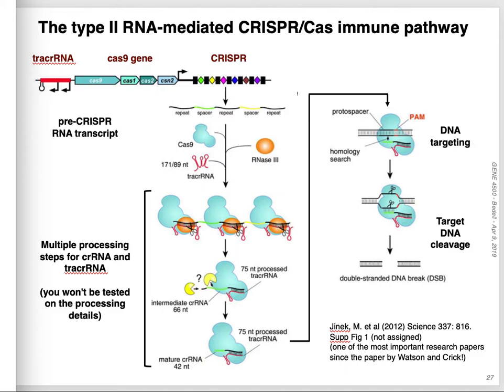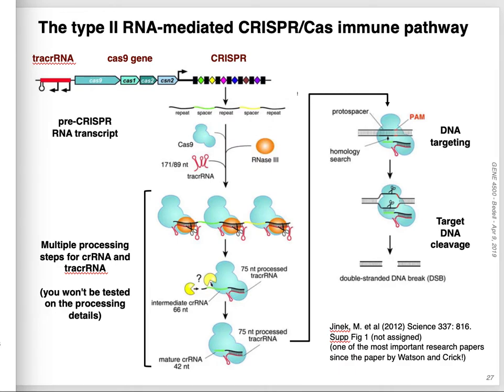Okay? And don't worry about all these processing steps, that's for aficionados. Now the other thing that's shown here that's really important, my batteries are getting down, is that PAM sequence. Not named for a particular person named Pam, but named for, I have it on one of the slides, I can never remember, proto-spacer adjacent motif.